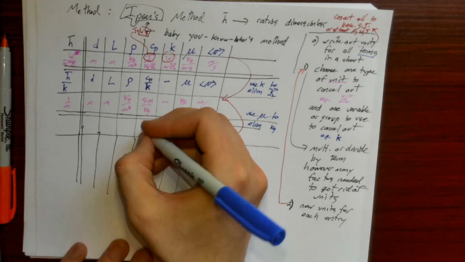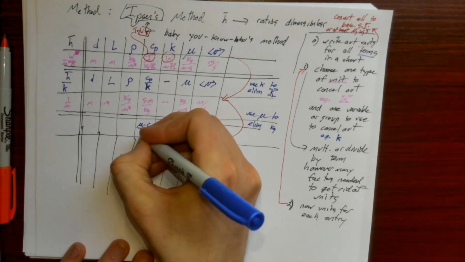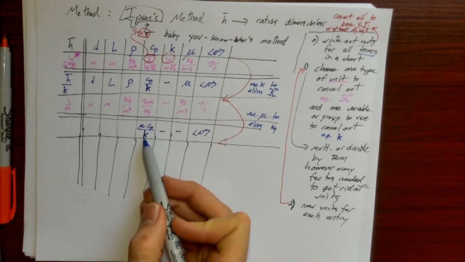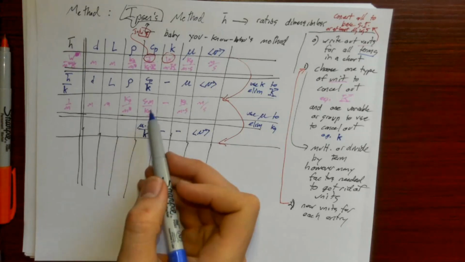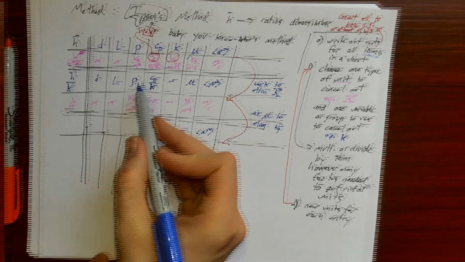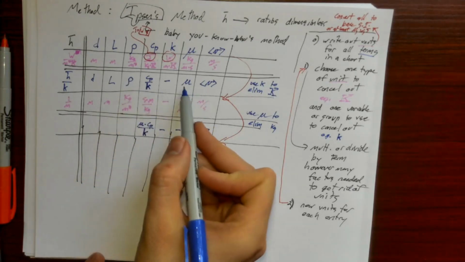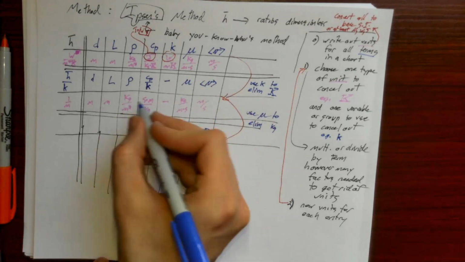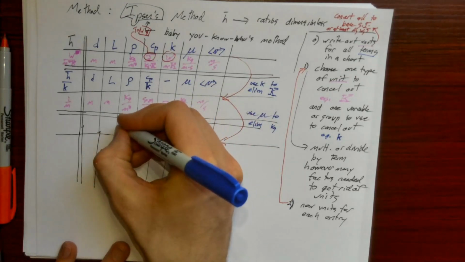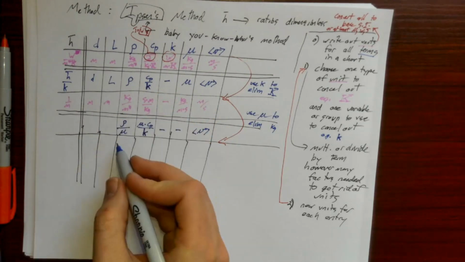It would be mu Cp over K, so viscosity times specific heat divided by thermal conductivity, which I can use to eliminate the kilograms that are there. Density has kilograms in the numerator, so I need to divide density by viscosity in order to eliminate the kilograms that exist in both of these terms. So now, instead of just density here, I have this ratio of density over viscosity.